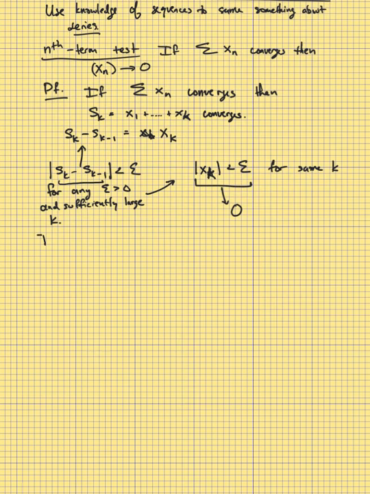Okay, so maybe I'll just write this out as well. It's just the contrapositive of this, but it's a useful way to put it, right? So if the x sub n's do not converge to 0, then the sum diverges. Okay? Now notice this does not mean that the sum is unbounded, right?